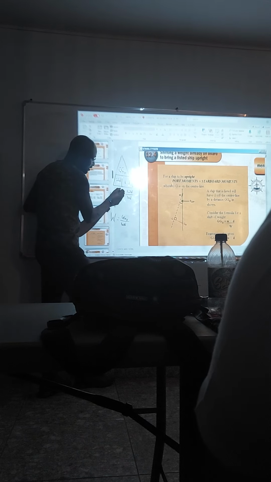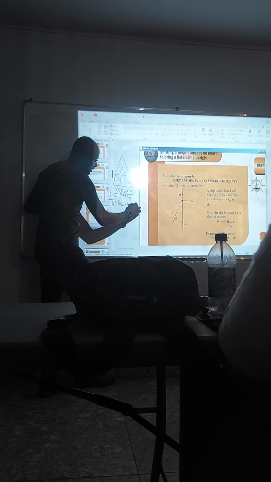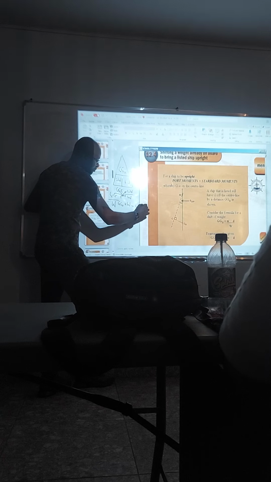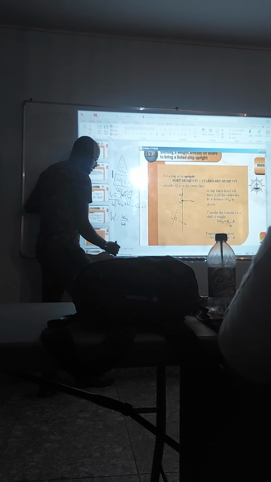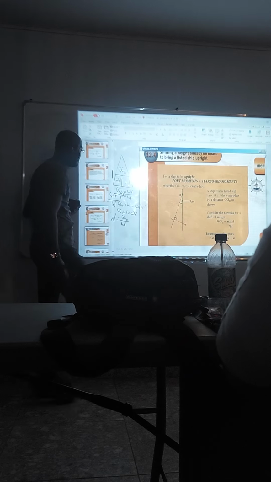So all they did here is cross multiply. It's going to be GG1 multiplied by big W is equal to wd multiplied by 1. Anything multiplied by 1 is the same thing. So basically it's GG1 W is equal to small w d.